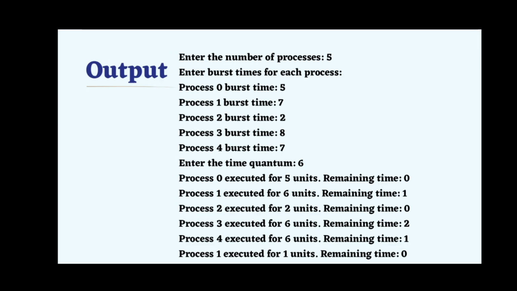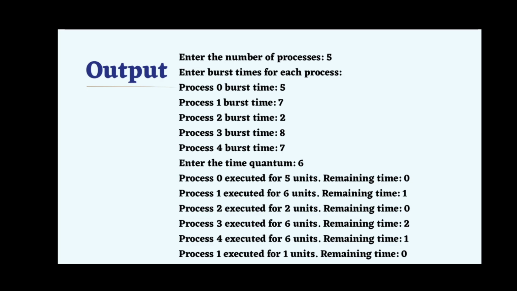Now the code has executed and given the process ready queue and the running queue. Process 0 executed for 5 units and remaining time is 0. Process 1 executed for 6 units and remaining time is 1.